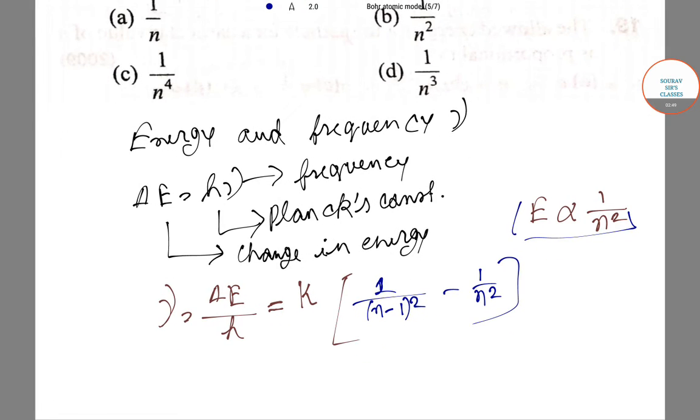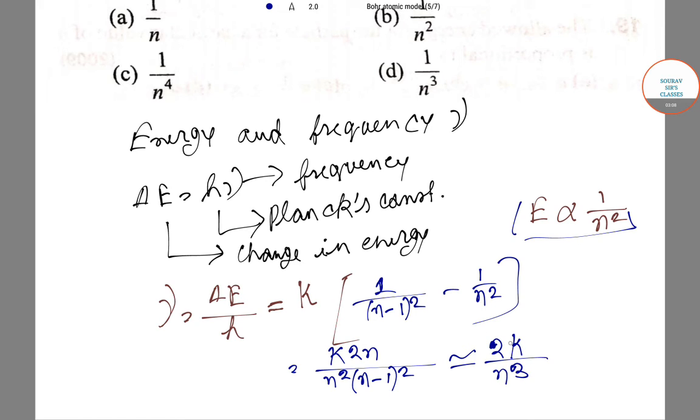This can be written as k into 2n divided by n square into n minus 1 whole square. So this nearly equals 2k divided by n cube.